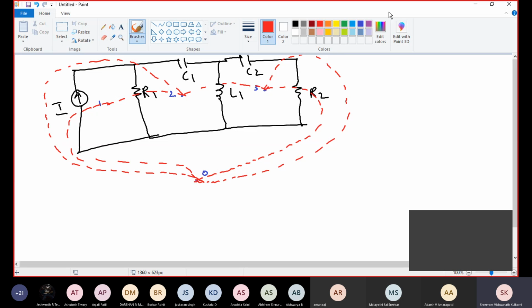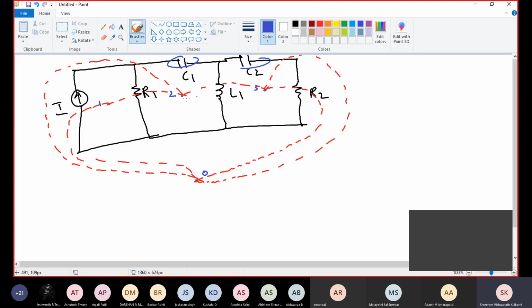Here we can see, this is one branch, this is one branch. This is crossed by node 2, this branch is crossed by node 1, and this C2 branch is crossed by this node 3.